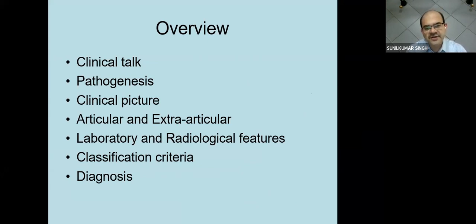And I would want the postgraduate students to have this clinical picture in mind, because in a 30 to 45 minute snapshot, it gives you the entire spectrum of rheumatoid arthritis, which gradually we keep seeing over a period of time. We will look at the extra-articular and the joint manifestations. The laboratory and radiological features I will not be covering in detail, because I've been told now it's part of session 2. So I'll just touch upon it, and then we will close up with the classification criteria and diagnosis.